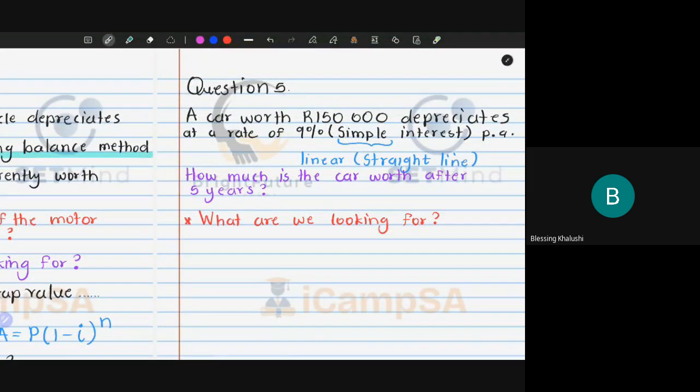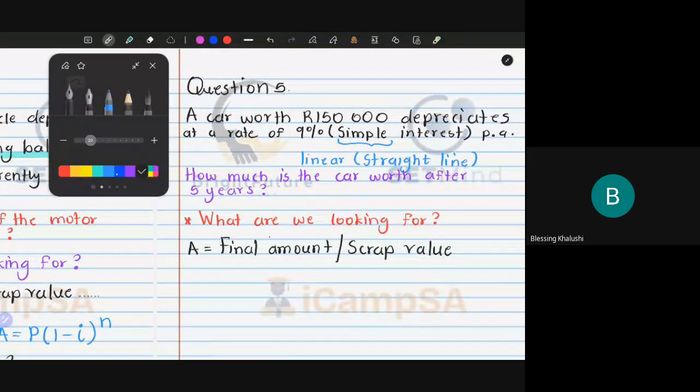We are looking for the final amount. Okay, so we're looking for A, which is the final amount, or the scrap value, or the value of this car after 5 years. But let me call it scrap value, because once it's no longer new, it is no longer new.